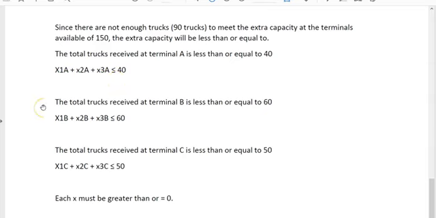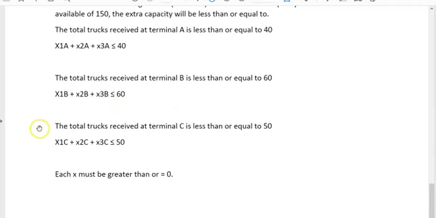The total received at Terminal B is 1B plus 2B plus 3B, less than or equal to 60. And the total trucks received at Terminal C is 1C, 2C, and 3C, less than or equal to 50. And of course, each x must be greater than or equal to 0.